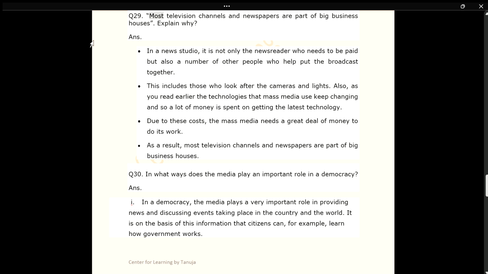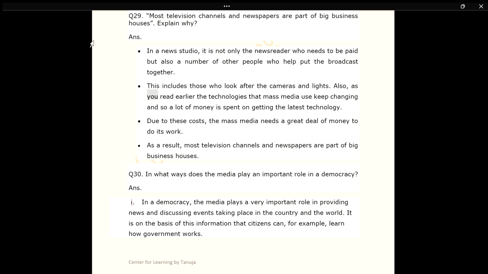Q29. Most television channels and newspapers are part of big business houses. Explain why. Ans. In a news studio, it is not only the newsreader who needs to be paid but also a number of other people who help put the broadcast together. This includes those who look after the cameras and lights.